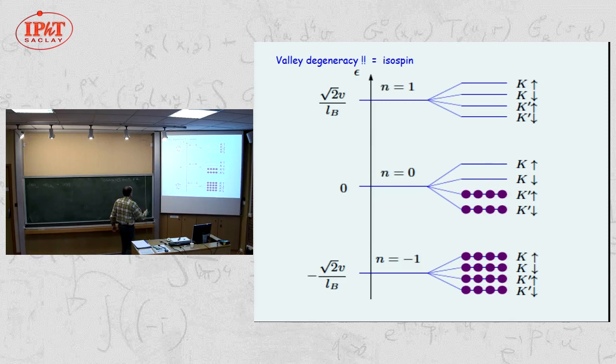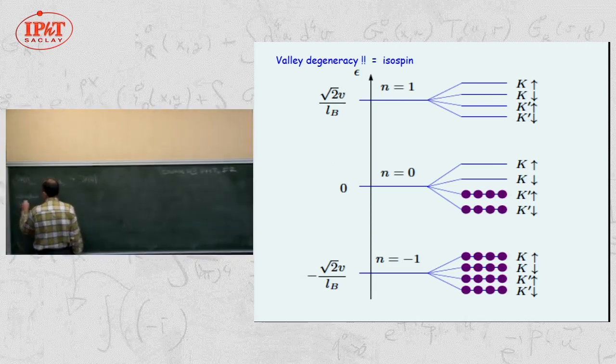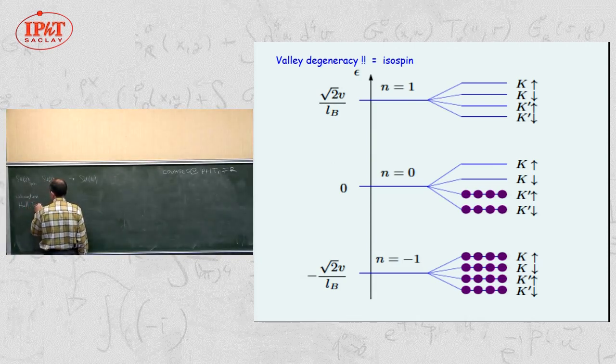In the case of this degenerate or almost degenerate set of states, we will again have an occurrence of the phenomenon we discussed in the case of the spin degrees of freedom, which is the appearance of quantum Hall ferromagnetism. So that's something that should happen also in graphene when you have complete integer filling of one of these sets of Landau states.